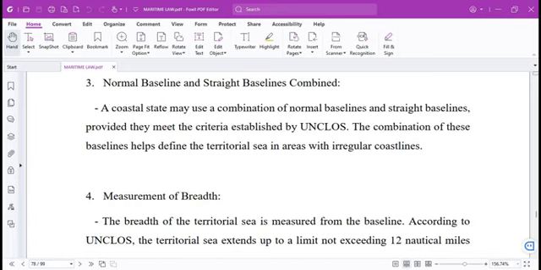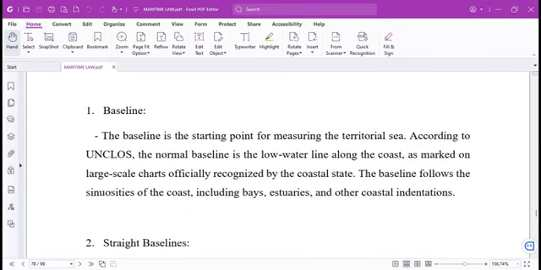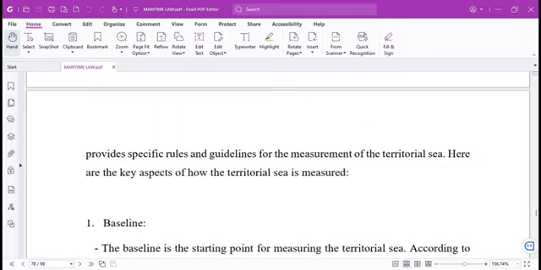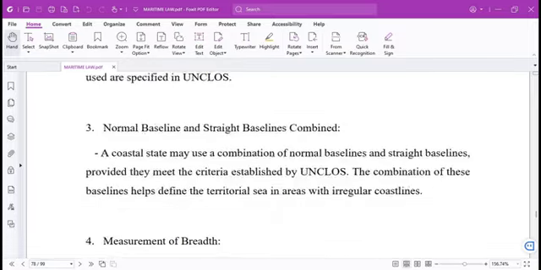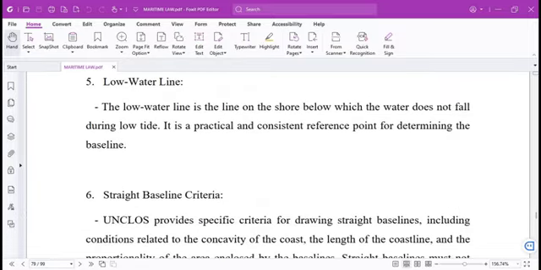Measurement of breadth. You have the low water line.